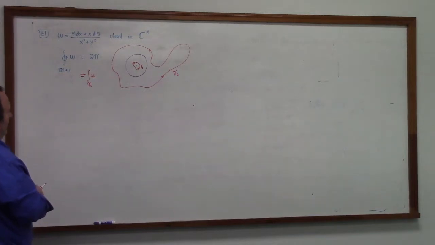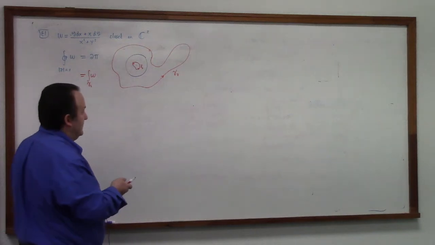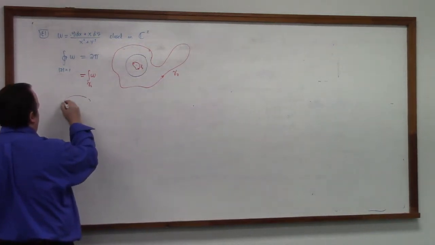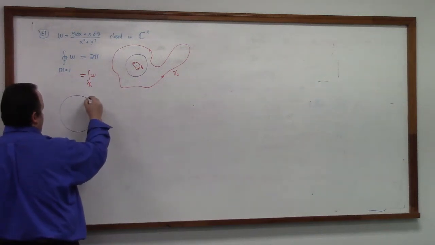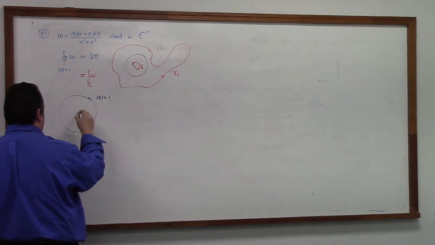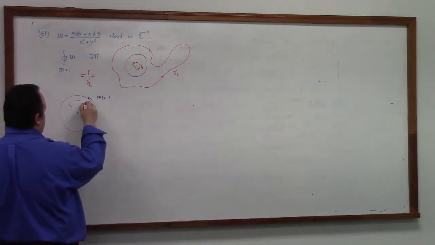What would be the problem if I tried to not encircle the origin? Here's my unit circle, here's my origin. Suppose I tried to make gamma 2 like this.